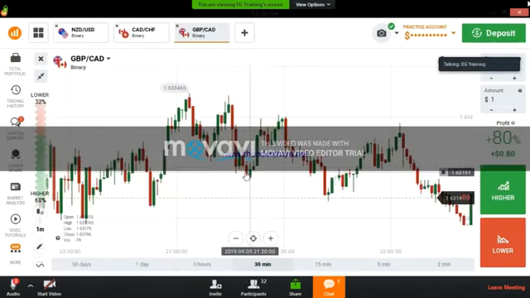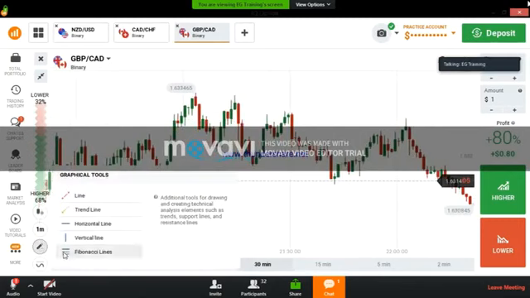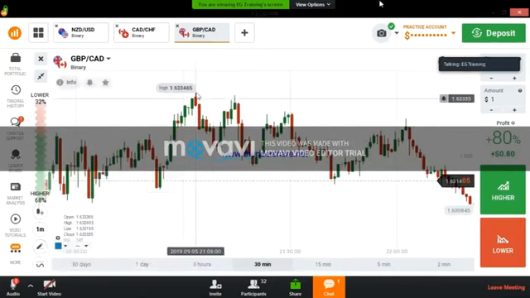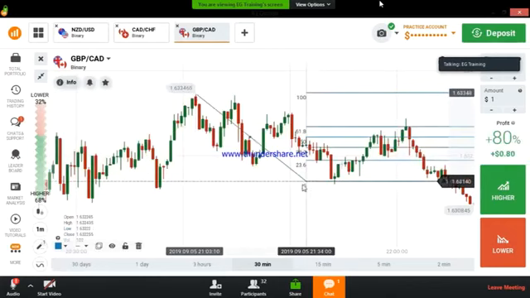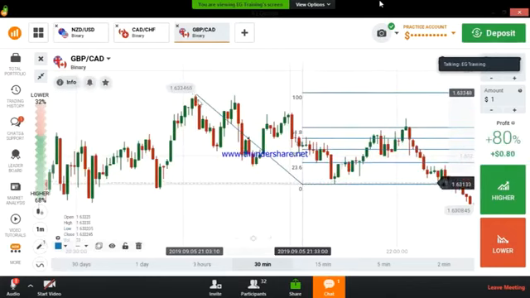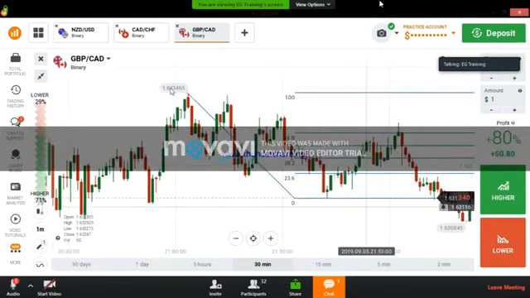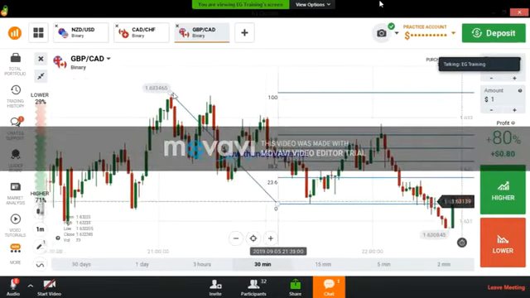If you want to draw the Fibonacci lines, always select higher high to lower low. This is higher high to lower low in a downtrend.